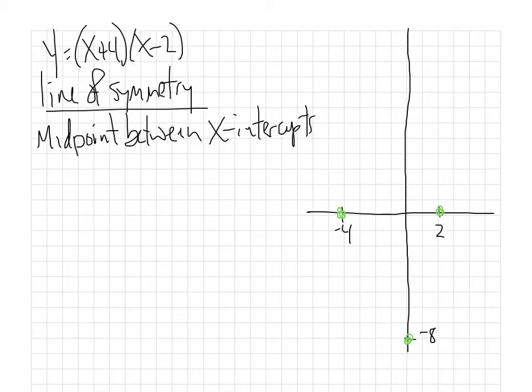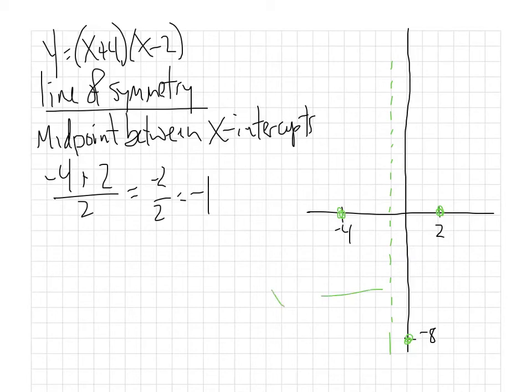Regardless of my awful writing, I have one x-intercept at -4 and another at 2. To find the average of those, I'm going to add them and divide by 2. That's -2 over 2, which is -1. Awesome. So I have a line of symmetry at x equals -1. We are nearly there.